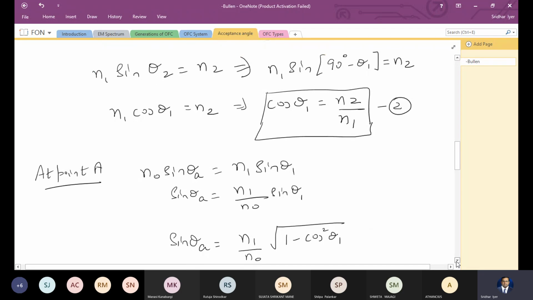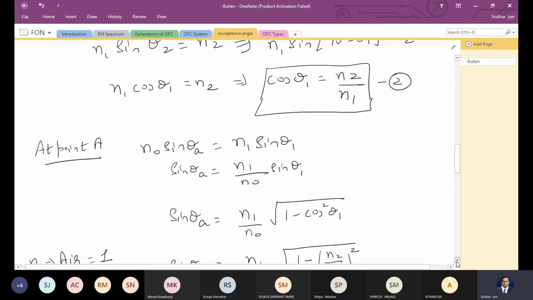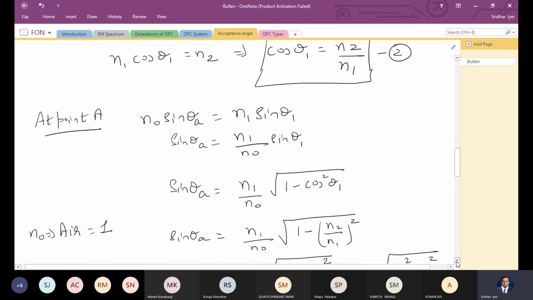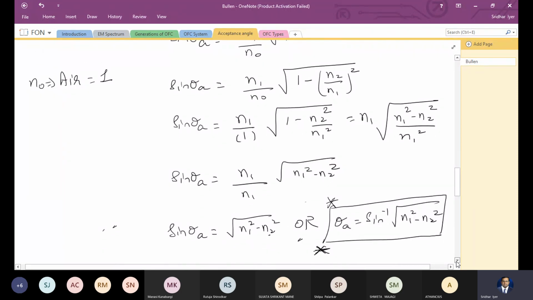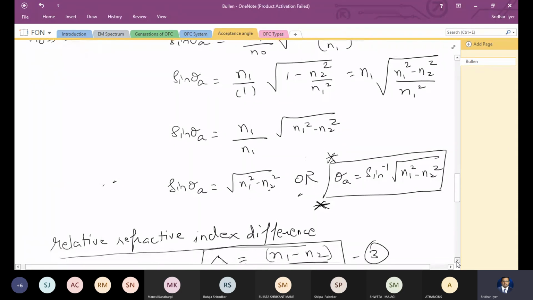Then at point A, that is the light coming from the air into the core, we have written an equation and we found sine theta A based on that. So finally, we have the starred equation for sine theta A or just theta A, and we can use that to solve the numericals.